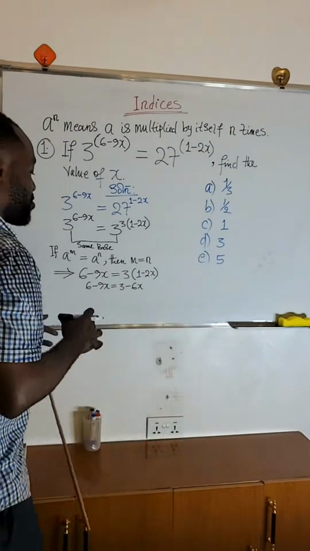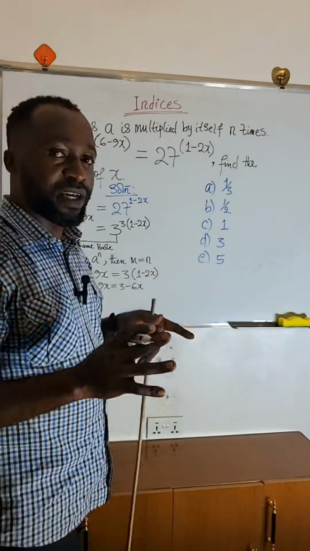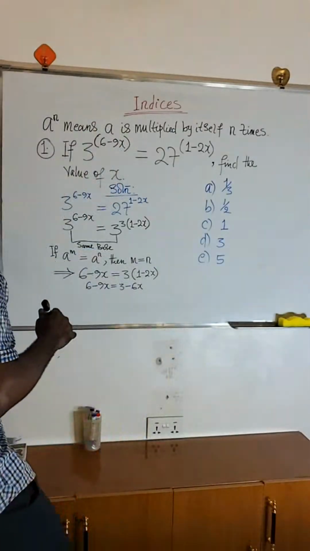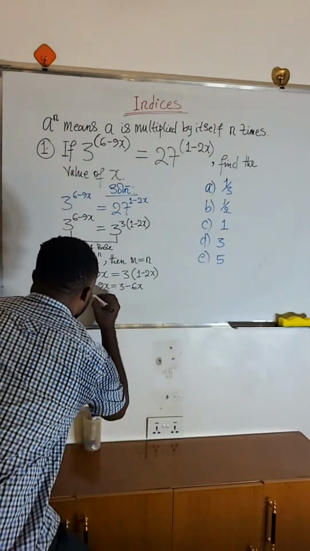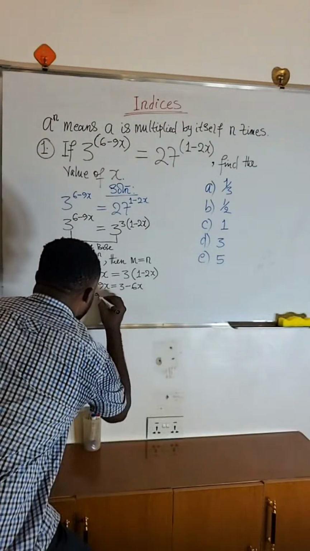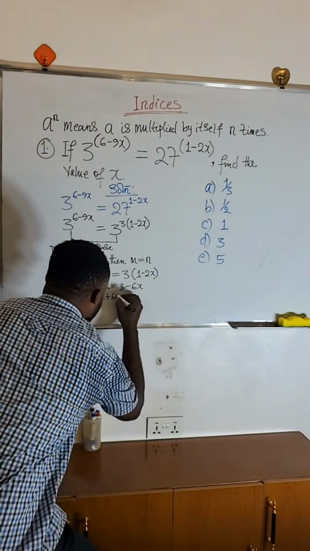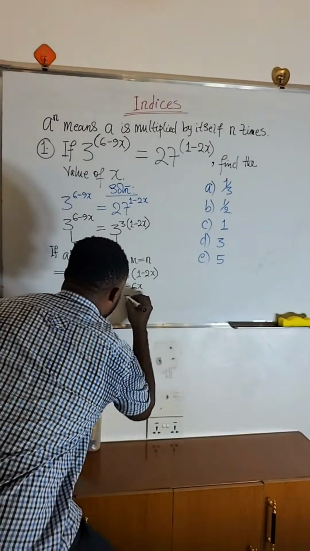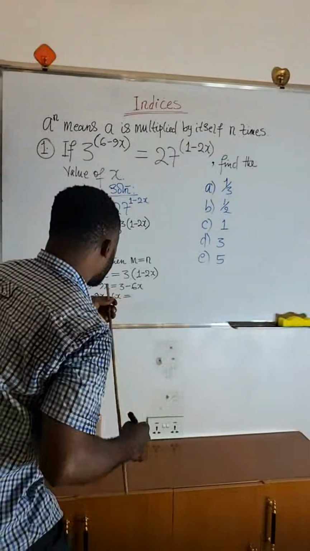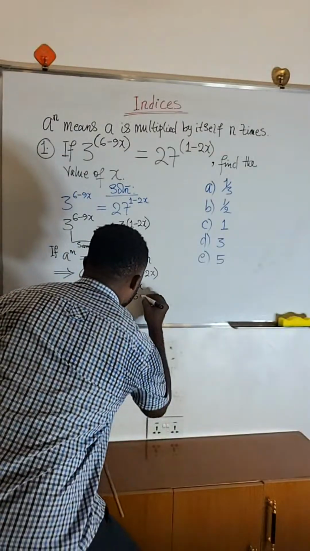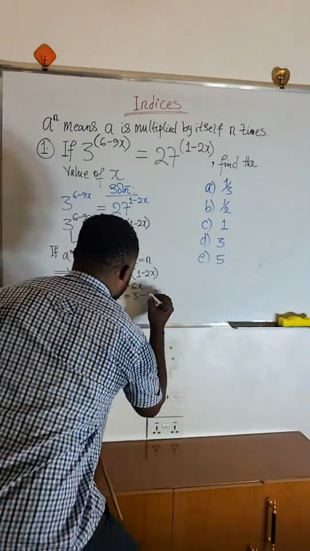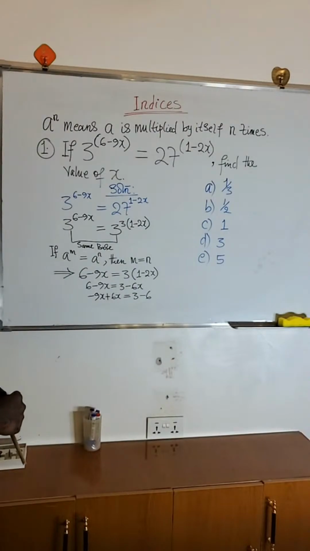The next thing now is to collect like terms. If we do that, we have minus 9x plus 6x equals 3 minus 6.